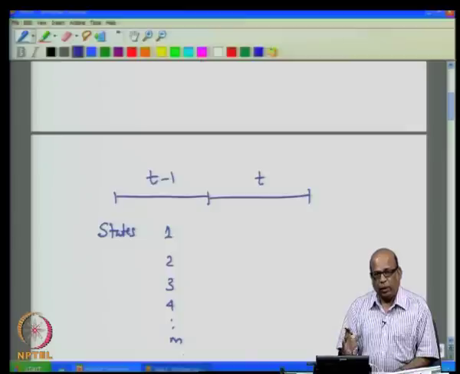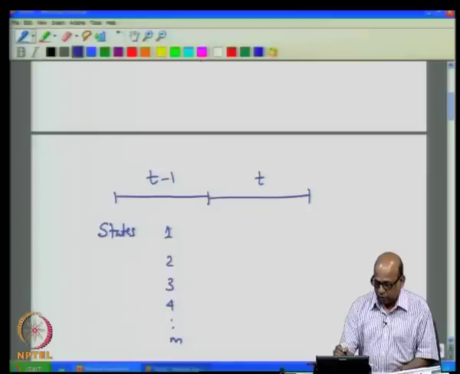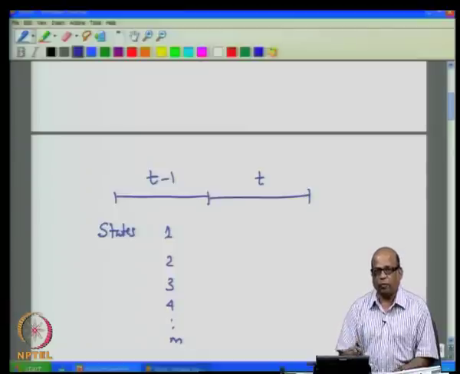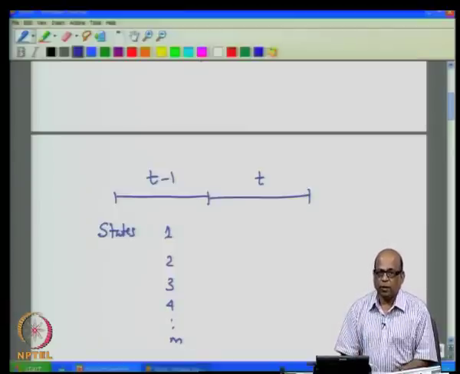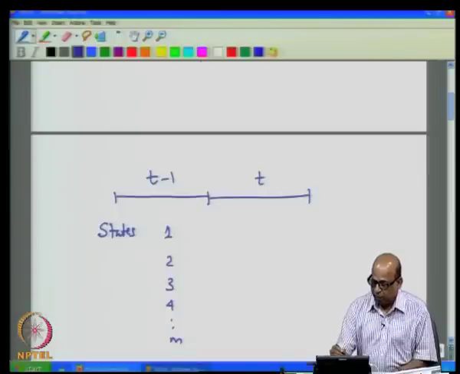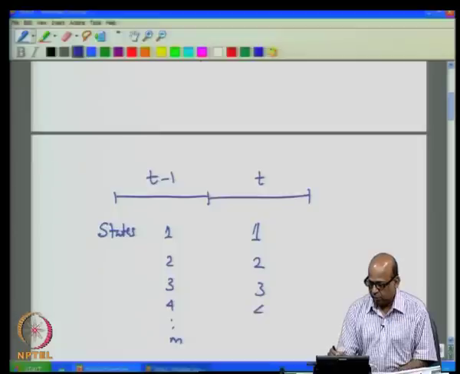So, we define a priori the states that the process can occupy. So, in time period t minus 1, it can occupy any of these m number of states, exactly one of these m number of states it can occupy. Then in time period t, again it can go into any of these m number of states.